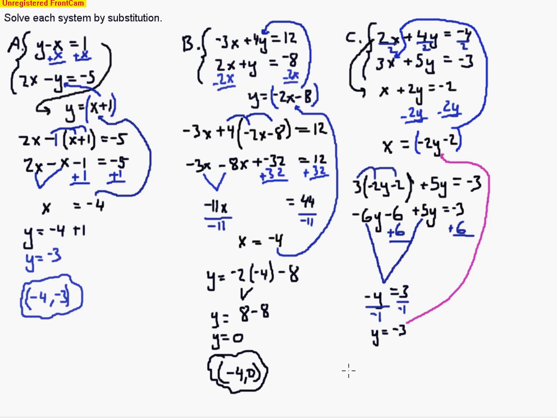So let's go ahead and rewrite what we've got. x equals negative 2 times negative 3 minus 2. Well, you do this work here, and this makes a positive 6 minus 2 gives us 4. So there it is. x is 4 when y is negative 3. So we write that ordered pair as 4, negative 3.